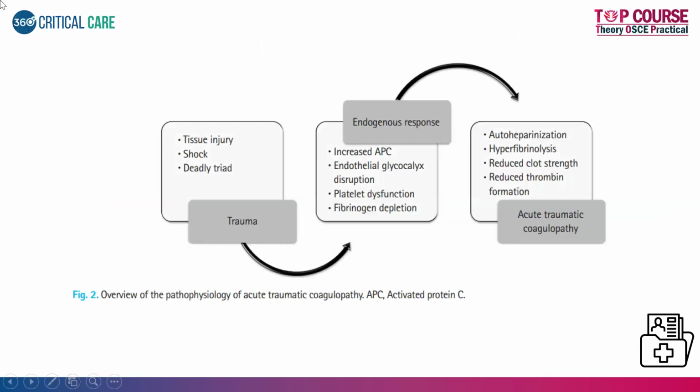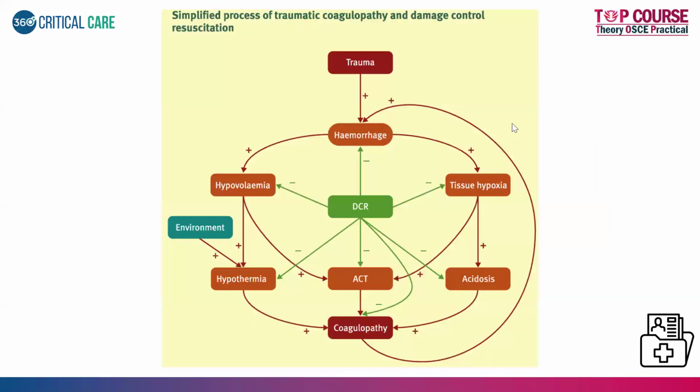Okay, so what happens? There will be trauma. Okay, there will be activation of the lethal triad. There is an imbalance between the procoagulant anticoagulant pathway. There will be an endogenous response. If we have not taken any action, there would be occurrence of trauma induced coagulopathy, and if this is left unchecked, it can cause death. Okay, so, like we already saw in trauma induced coagulopathy, there will be hemorrhage, hypovolemia, tissue hypoxia, which causes hypothermia, acidosis, and coagulopathy.